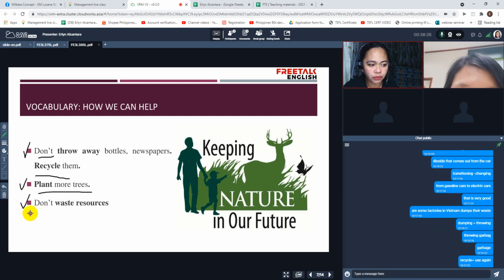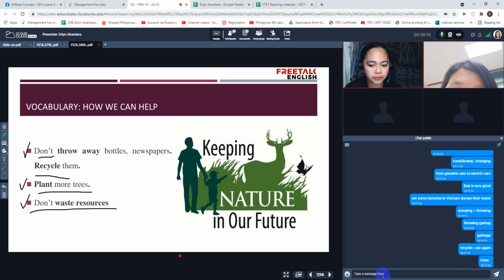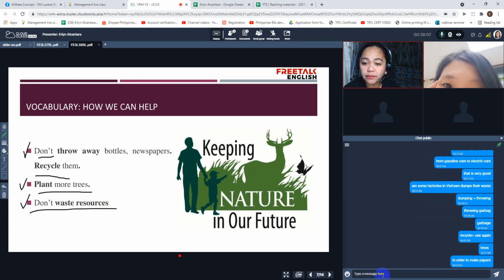And the last one, what else can we do? Don't waste resources. That's right. For example, trees. We cut trees in order to make paper. Paper comes from trees.